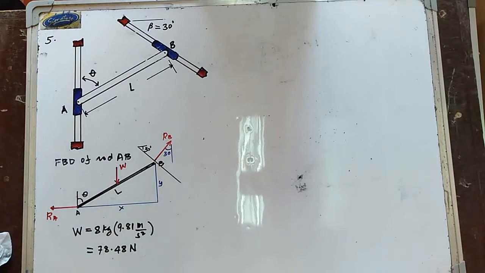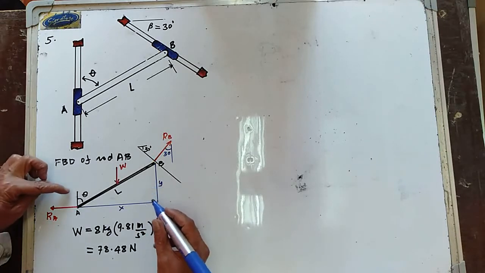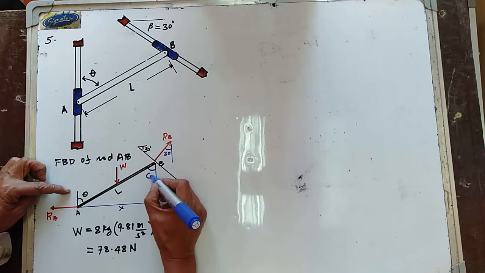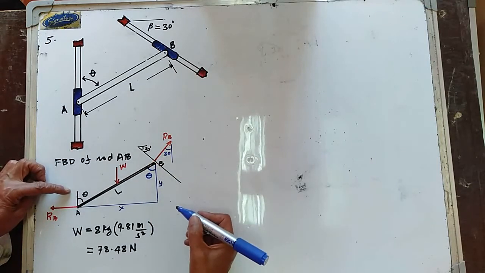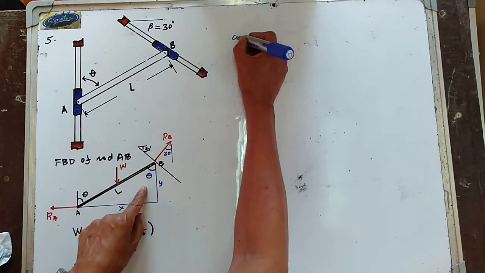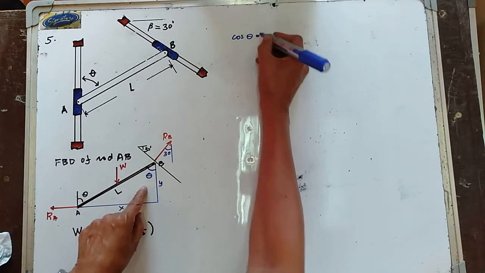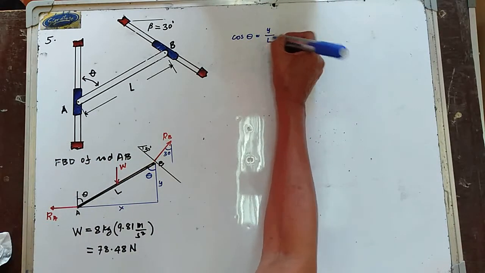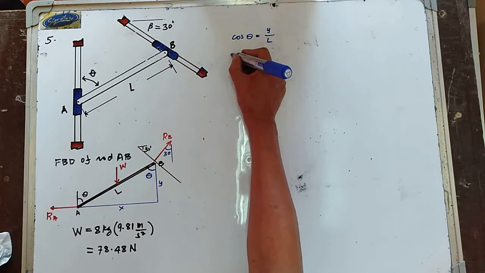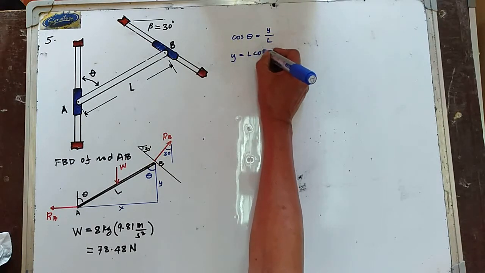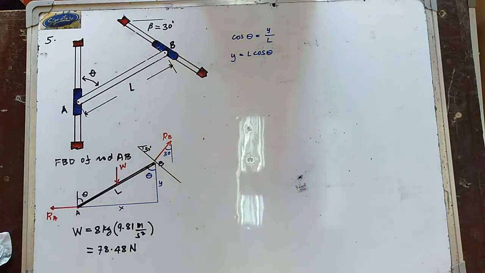If that is an angle theta, then this is also equal to theta. So if you try to get cosine of theta, this is equal to y over L. Hence, the value of y is now equal to L cosine of theta.